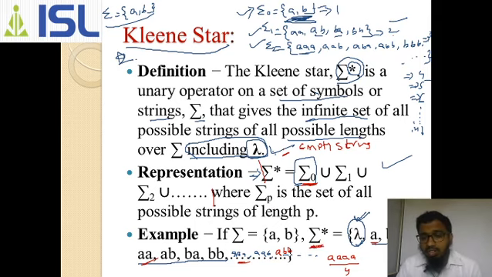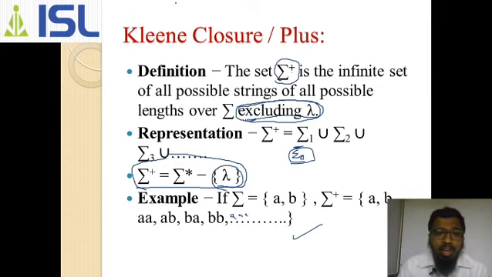Okay, next, Kleene closure or Kleene plus. What is this? Sigma plus is an infinite set of all possible strings of all possible length over sigma.